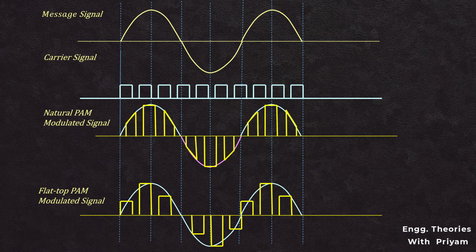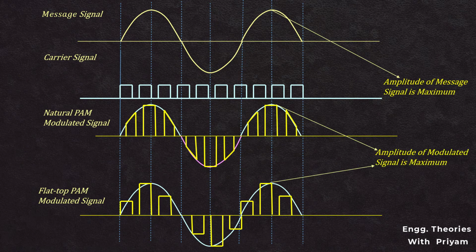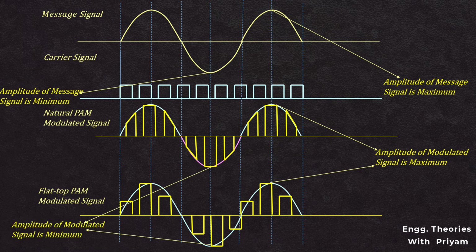When the amplitude of the message signal is maximum, the amplitude of the modulated signal is also maximum, and vice versa. In flat top pulse amplitude modulation, the tops of the modulated signal remain flat, but in natural pulse amplitude modulation, the amplitude of the pulse is directly proportional to the amplitude of the modulating signal.